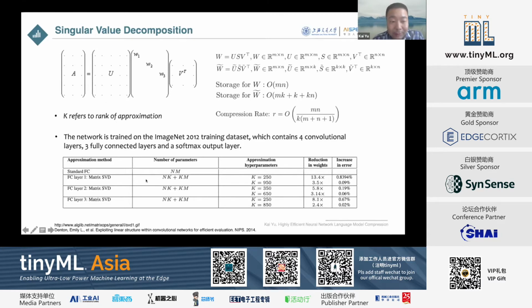One example here is that on ImageNet, if we use SVD to get about 13.4 times reduction in weights, we will have about 0.84 increase in error. We can only get almost no loss in error if we keep our reduction in weights to about three times compression. So this method is very ineffective.